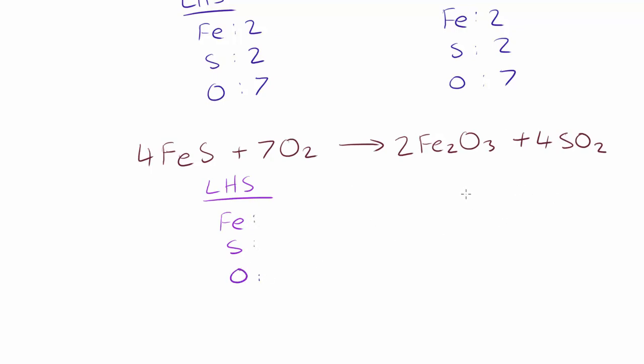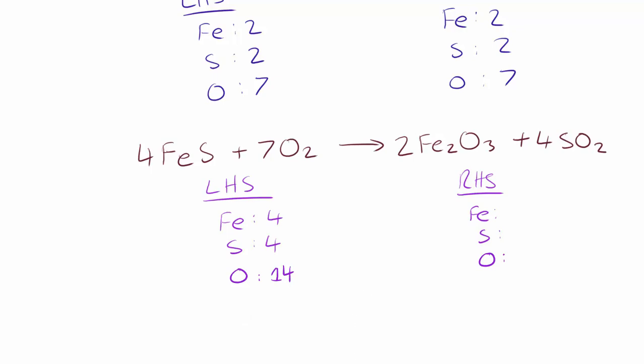Okay, so on the left hand side, we've got 4Fe, right? So that's going to be 4 here. 4S, so that's going to be a 4. And then 7 times the O2, so that's going to be 14, isn't it?